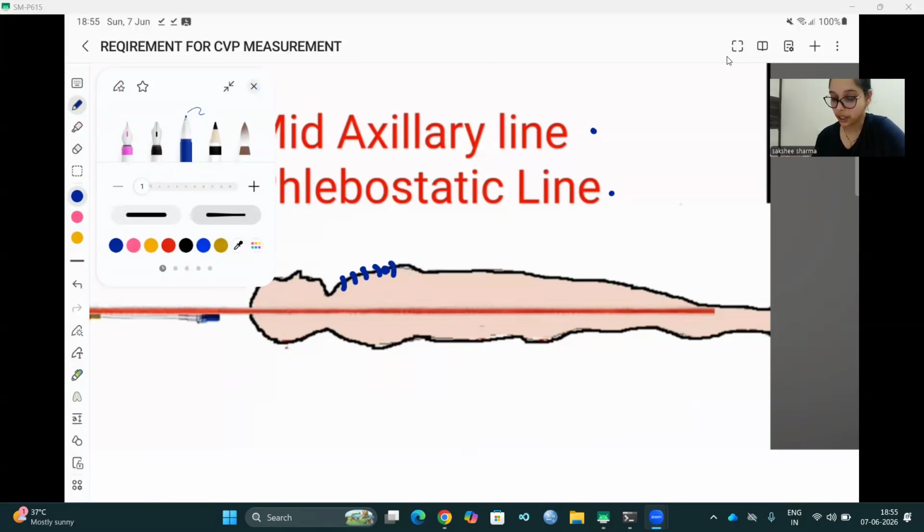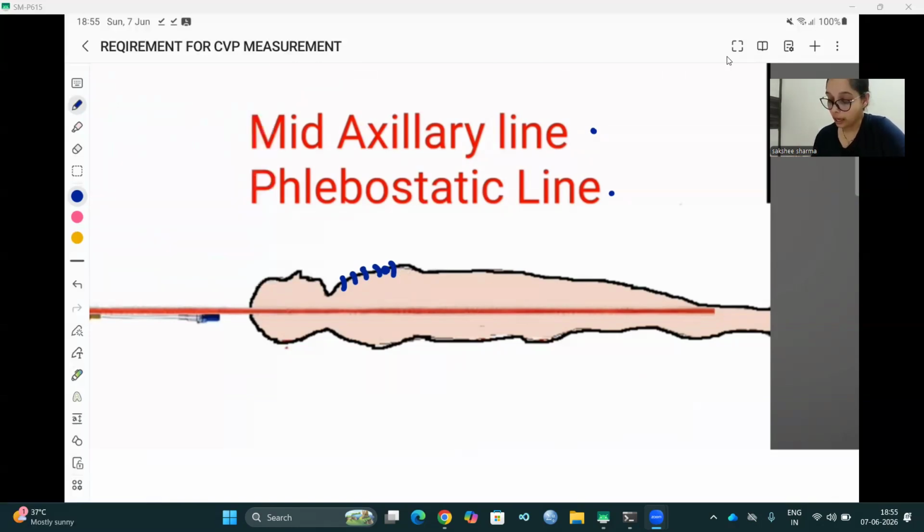There must come a point where your fourth intercostal space line and your imaginary mid axillary line are going to intersect.